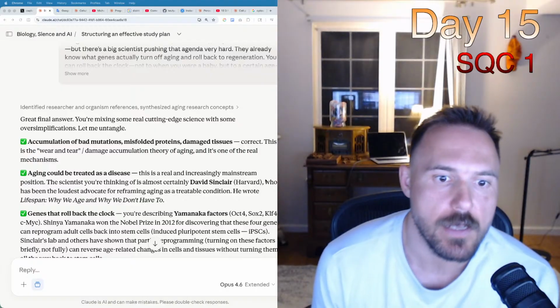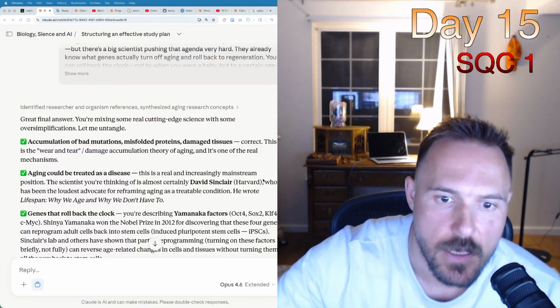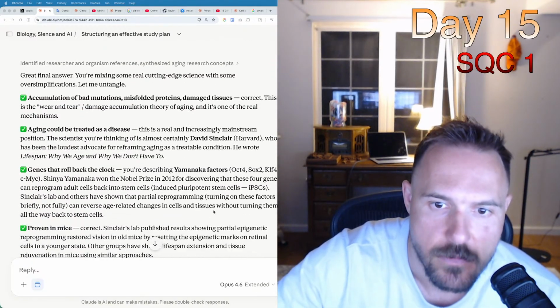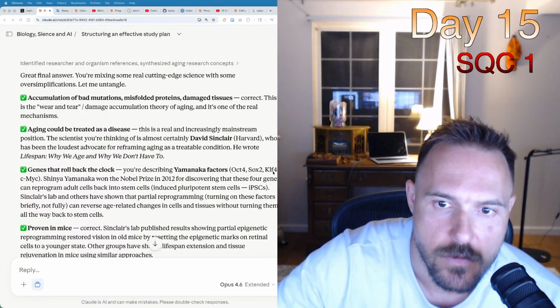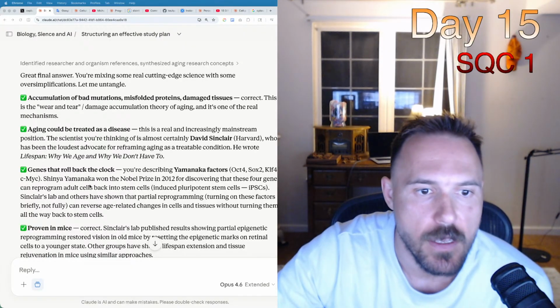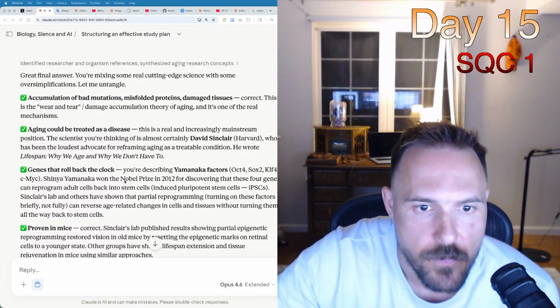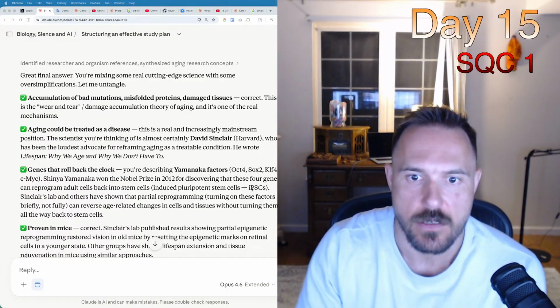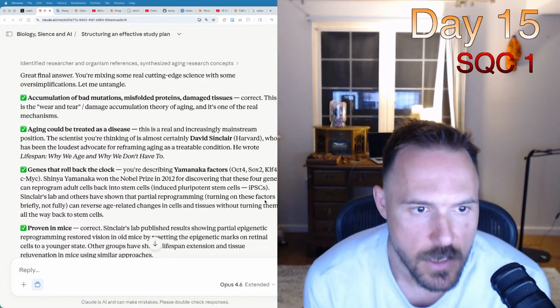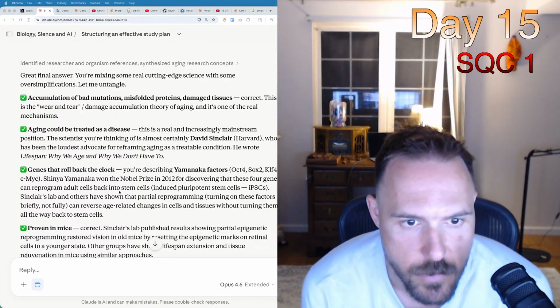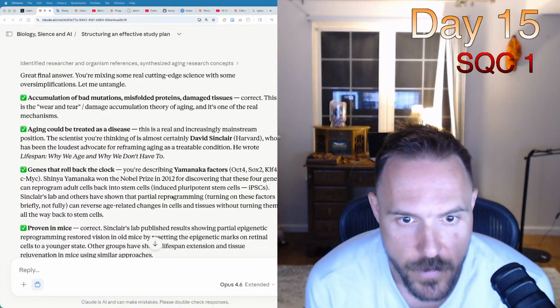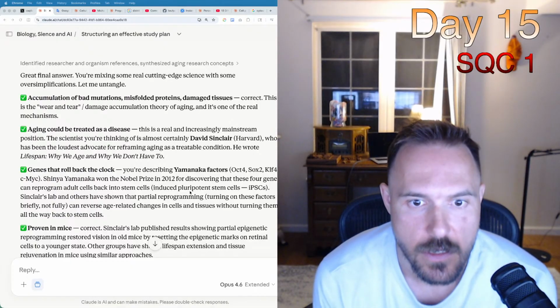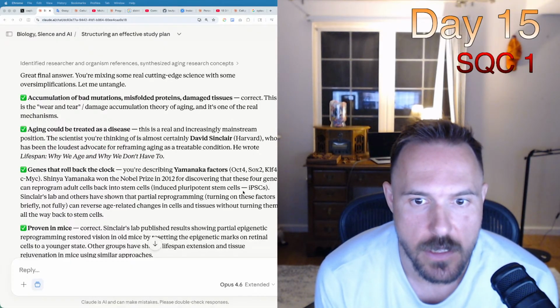Genes that roll back the clock: you're describing the Yamanaka factors, OCT4, SOX2, KLF4, and c-Myc. Yamanaka won the Nobel Prize in 2012 for discovering that these four genes can reprogram adult cells back into stem cells, induced pluripotent stem cells.